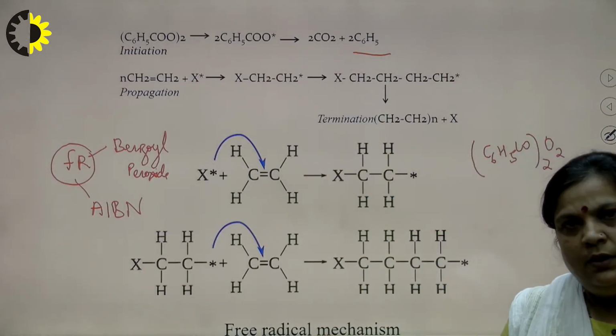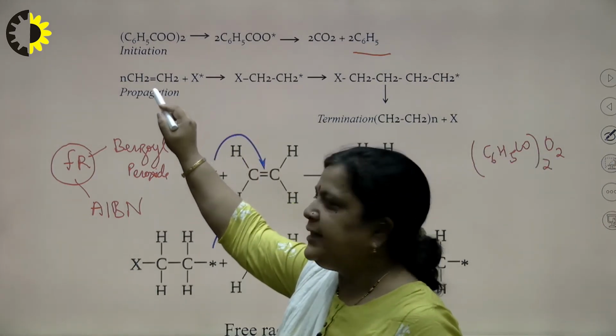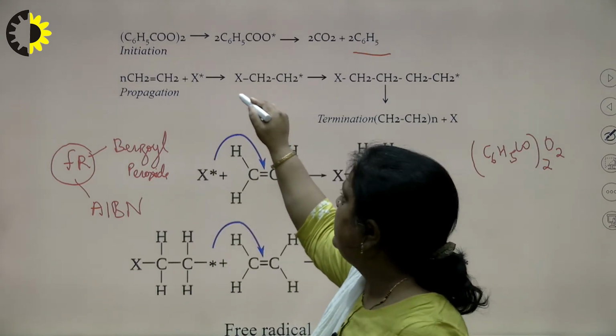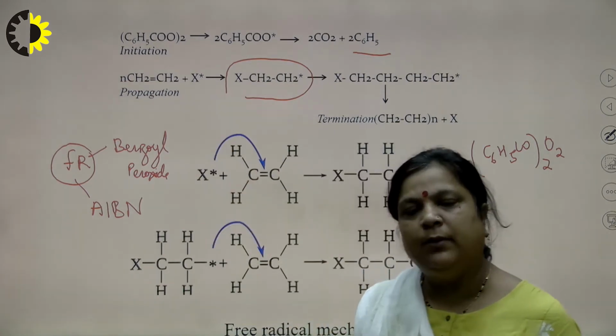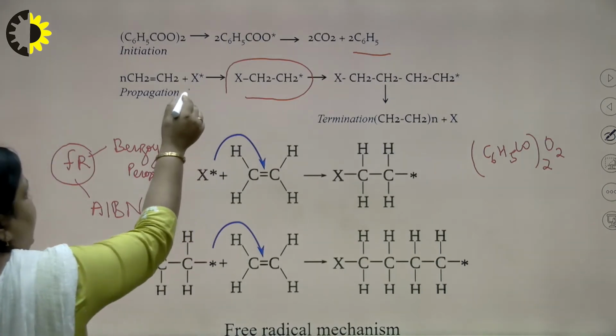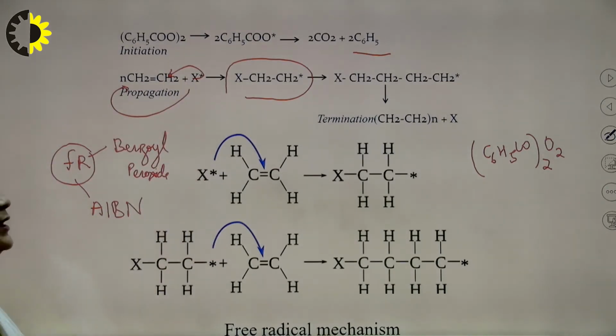Now, in initiation, this free radical attacks one monomer so that the monomer radical gets formed. It means one X radical combines with the double bond. So, at one side the X will attach, and on the other side the radical gets attached.